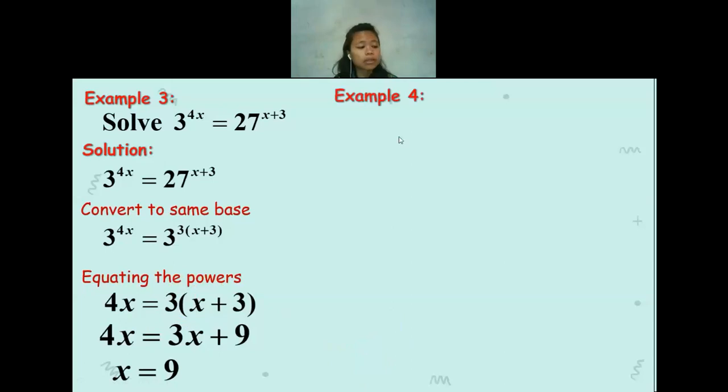I will move to example 4, the last example before we discuss exercise 7.4 in your textbook. So example 4: 5 to the power of 3x divided by 25 to the power of (x + 1) is equal to 1 per 125.